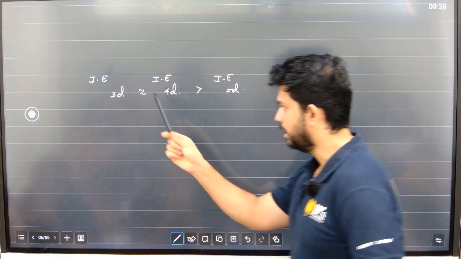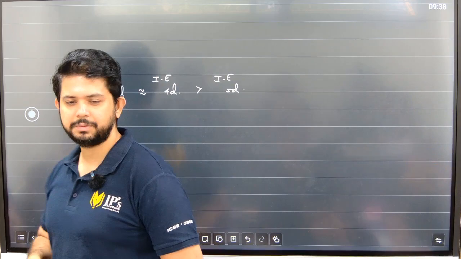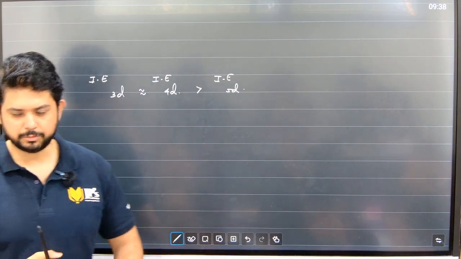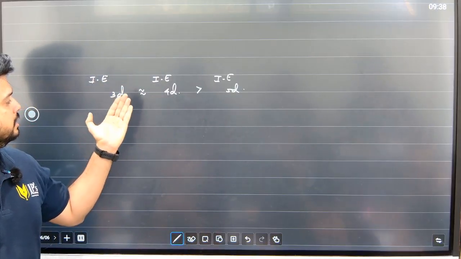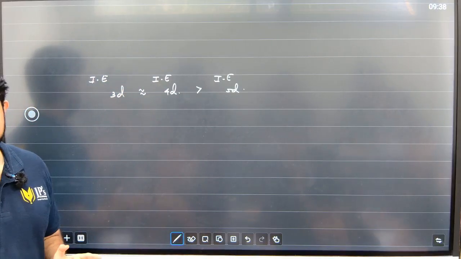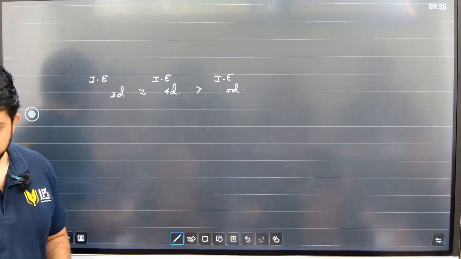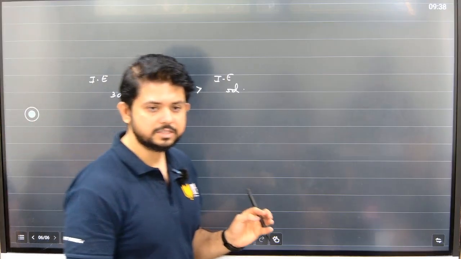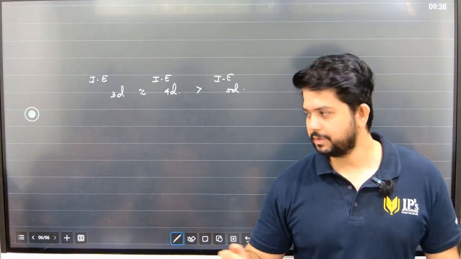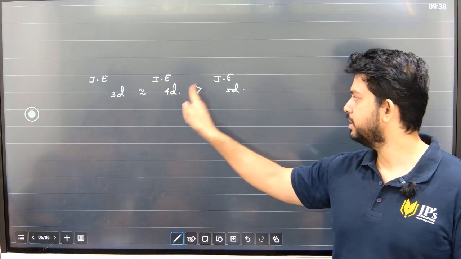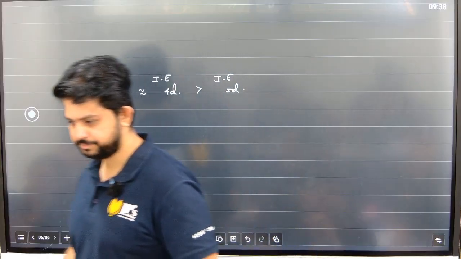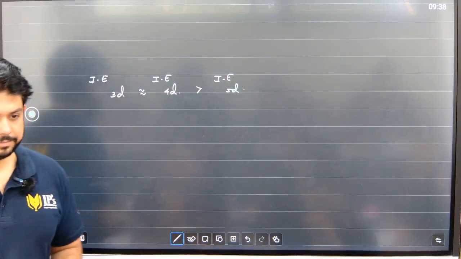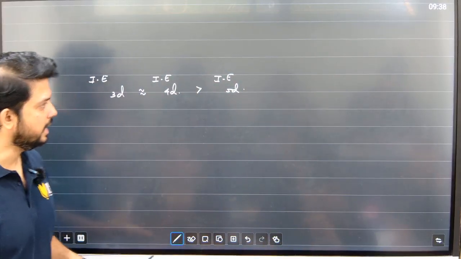I repeat, yesterday we wrote the 3D, 4D, 5D series fully, so I am not writing all of them again. The 3D series ionization enthalpy is almost the same as that of the 4D series, which is an anomaly as you go down the group, but from 4D to 5D, 4D has higher ionization energy. Did you people get that? Okay, so that was IE.